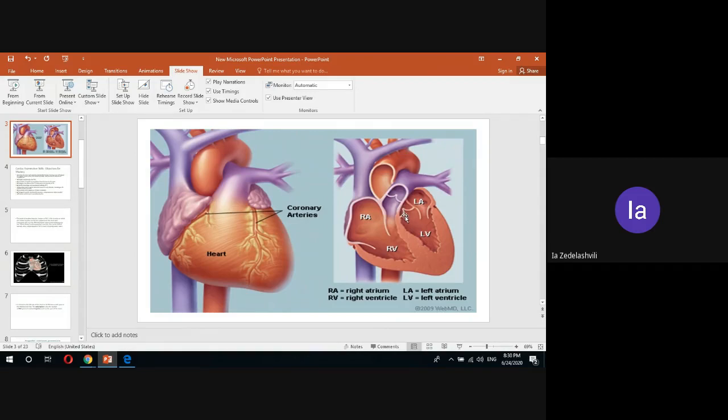Can you imagine that here must be some valves too? In the main pulmonary trunk, when the heart contracts, blood going to the lungs will go back if the valve does not close here. So the valve closes, and blood cannot go back.